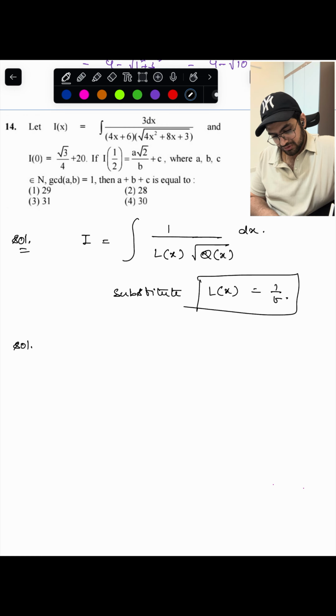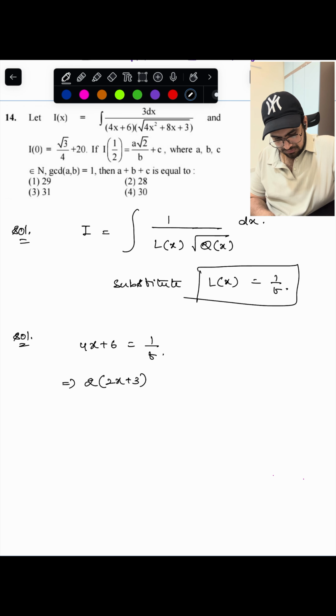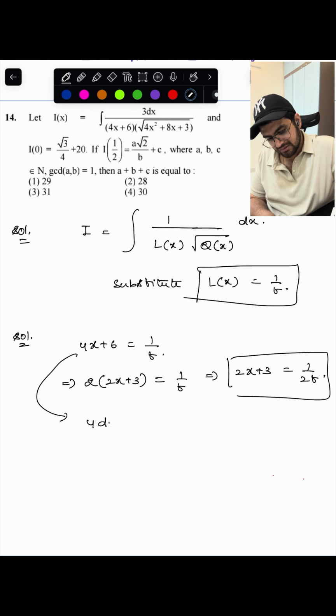Here the linear 4x plus 6 equals 1 by t. I can take 2 common: 2x plus 3 equals 1 by t, which gives 2x plus 3 equals 1 by 2t. Now I can differentiate: 4x means 4 dx, and this is 0.